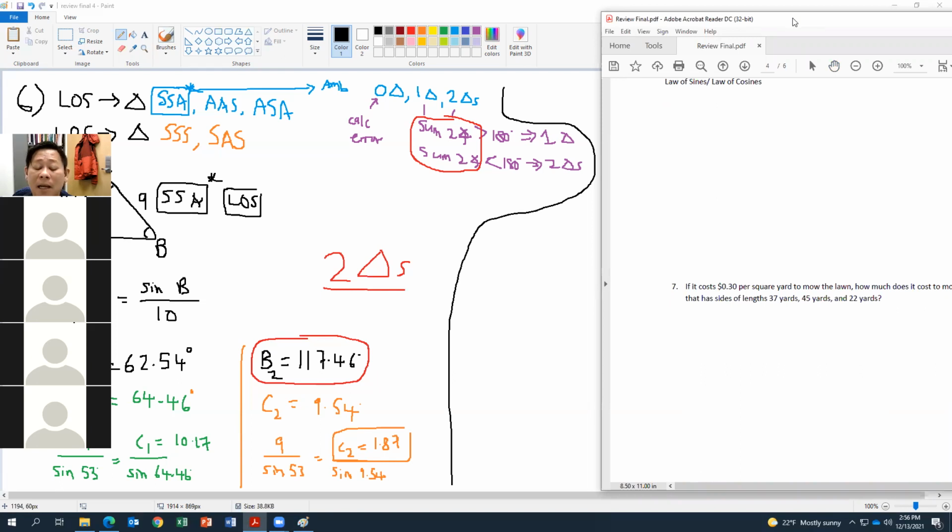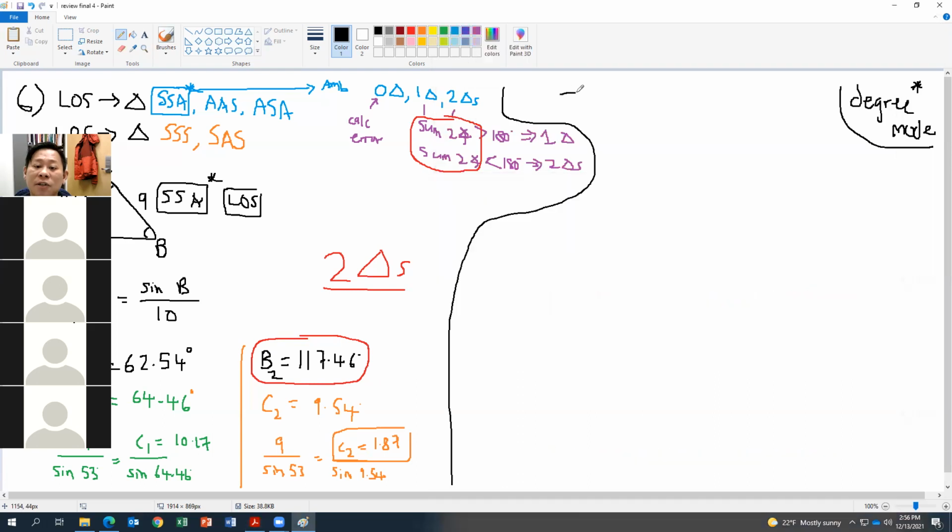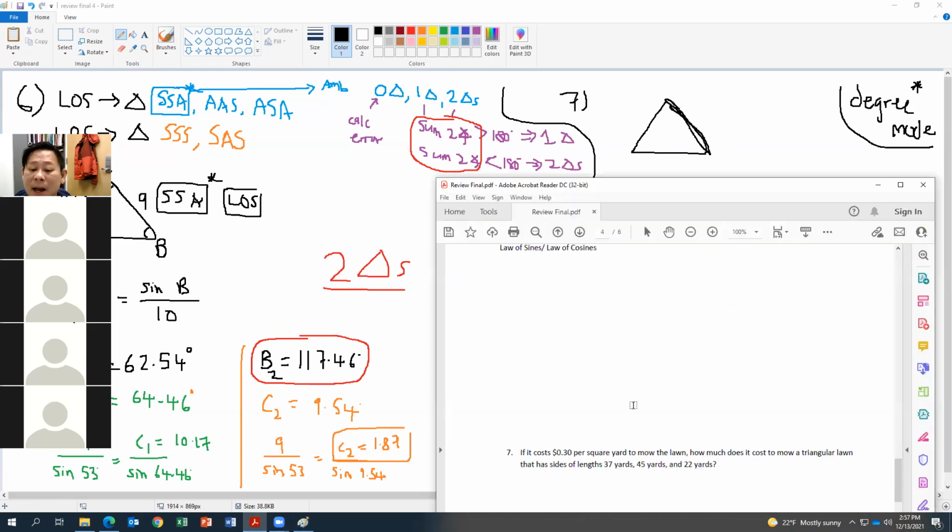Question 7. It's going to cost 30 cents per square yard to mow a lawn. How much does it cost to mow a triangular lawn that has side lengths of 37, 45, and 22 yards? So question 7 is also giving us a triangle, and this triangle is not a right triangle, it is oblique, and it's given by 37, 45, and 22.